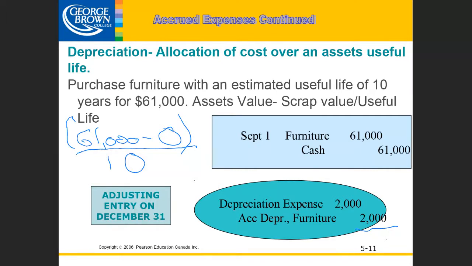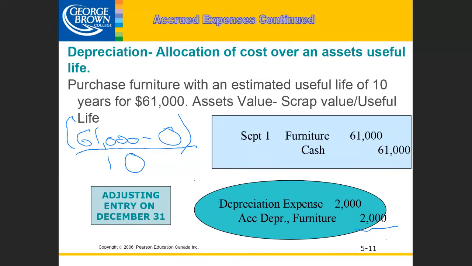It will show up on your income statement, and it will be deducted from your revenue. However, you have not actually paid out any cash. The difference between your depreciation expense and most other expenses is that with most expenses, you've actually paid out cash. With depreciation, it is a cost, but you don't pay it in cash.